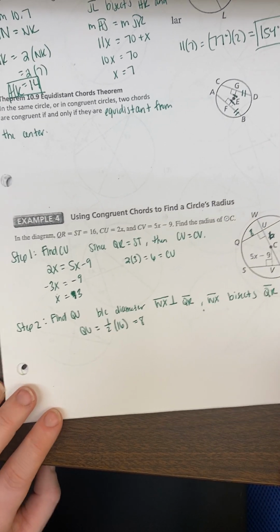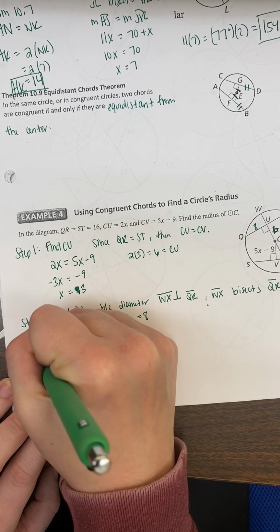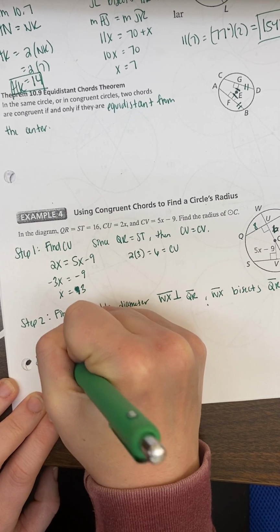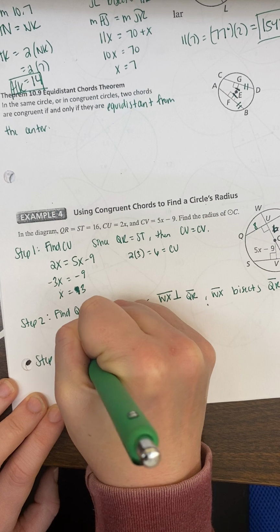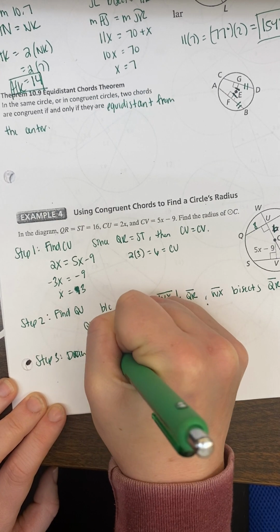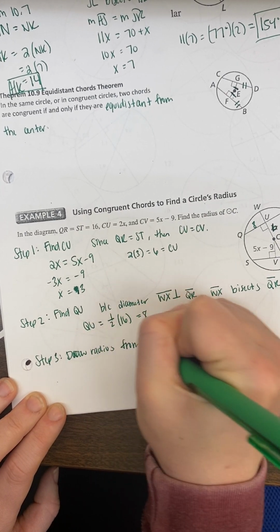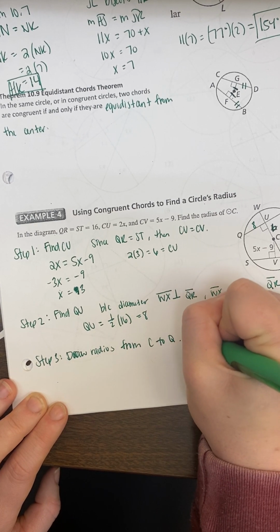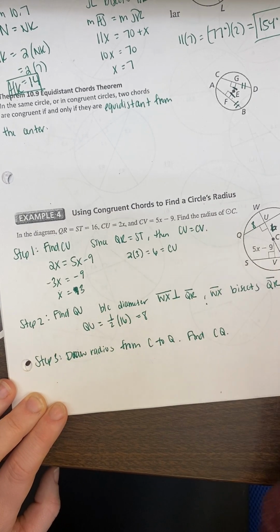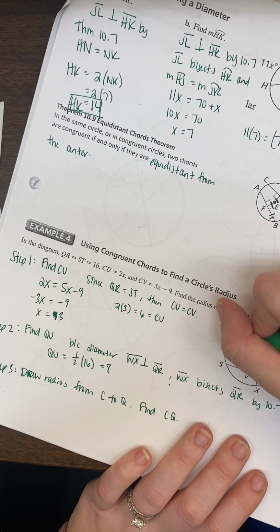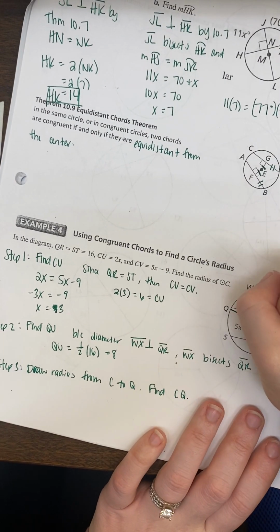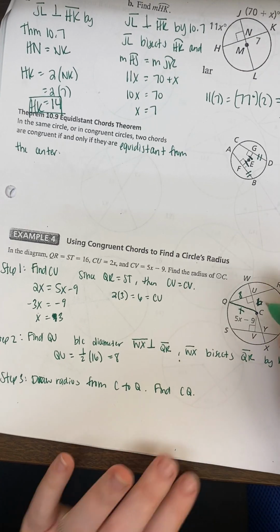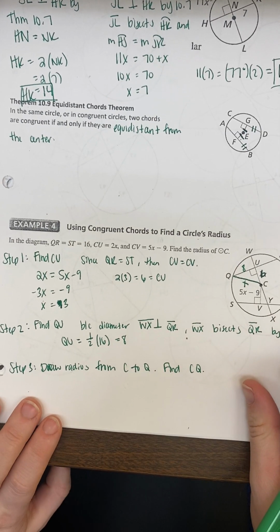Now to find our radius, we're going to draw a radius from C to Q, and we're going to find CQ. So draw it in. Connect it there, and look, I have the radius that I'm looking for, and I know two sides of my right triangle.